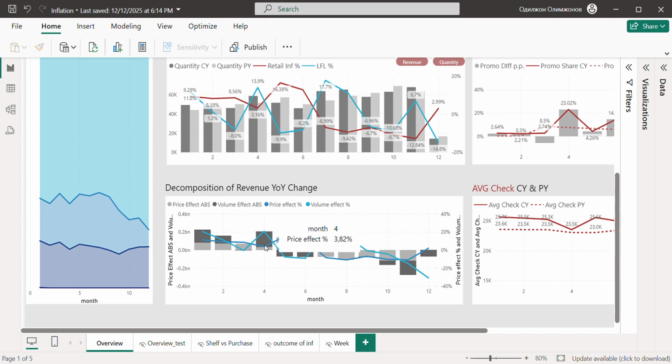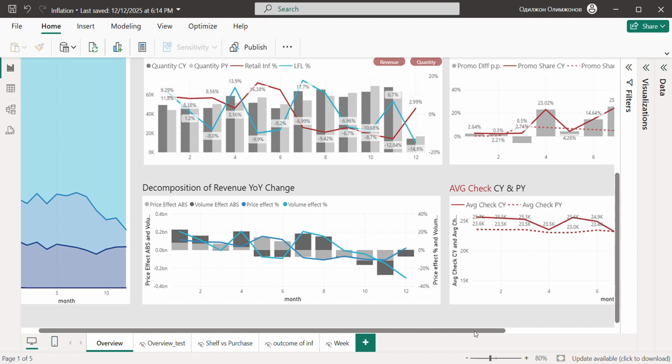So this means that the revenue increased by 3.8 plus 20.7, so by 24%. So revenue increased by 24%, and 20% increase is because of volume effect. So I will dive into the composition in another video. So for now, let's just keep it in mind.